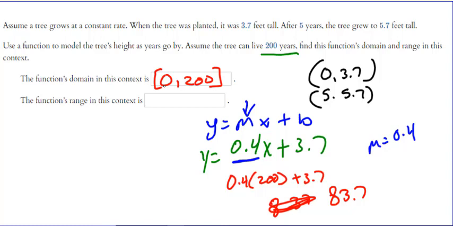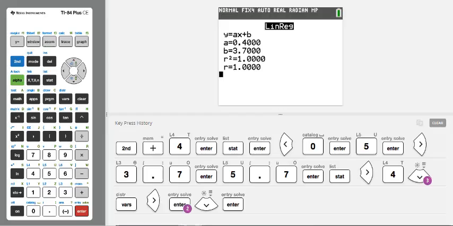Traditionally, when we talk about brackets and parentheses, this textbook that we're using is backwards. I don't quite understand why they're going against it, but I'm guessing that they're going with brackets. And then the range, it was 3.7 tall all the way up to 83.7.